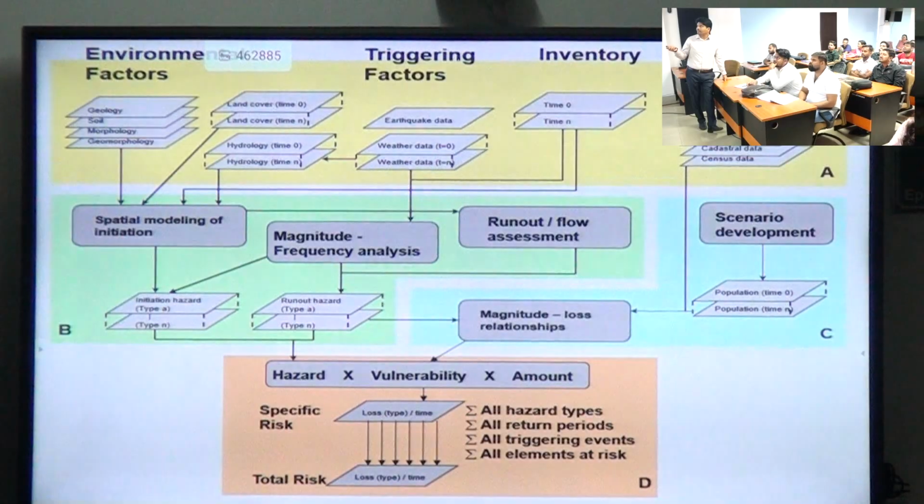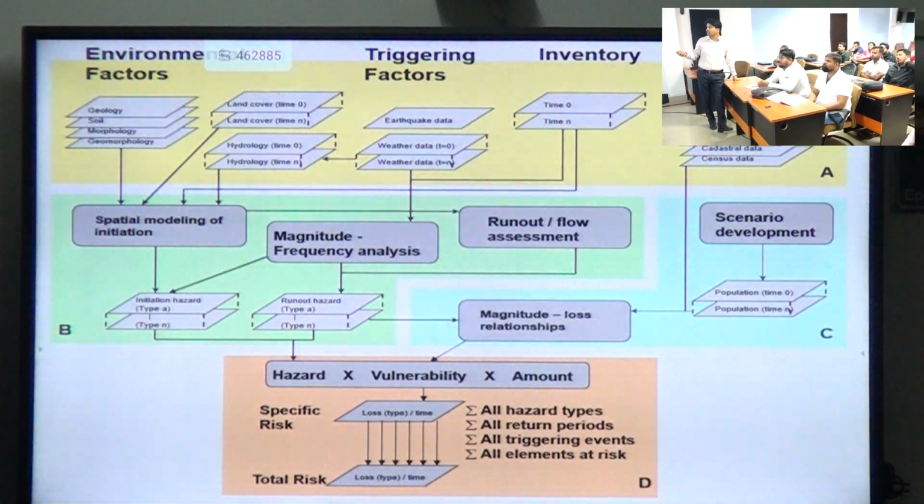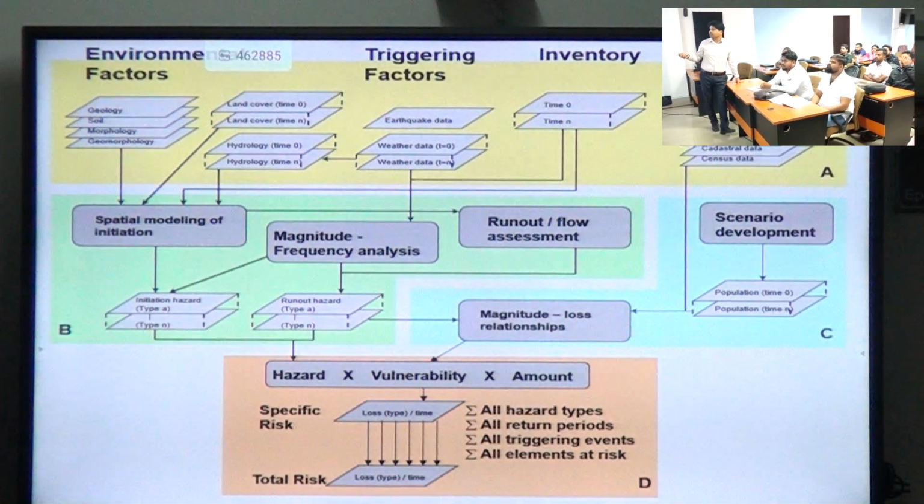Okay, you have environmental factors, you have triggering factors, then your inventory is the most important thing. Inventory means time 0, time 1, time 2, like 30, 40, 50 years of data. Then you have environmental factors. What are the environmental factors? Let's say geology, soil, morphology, geomorphology, etc. Then triggering factors.